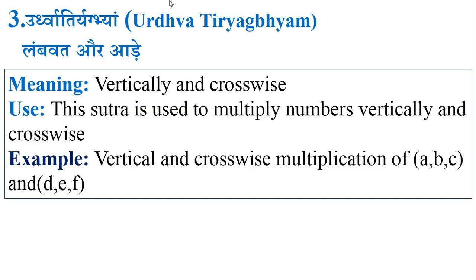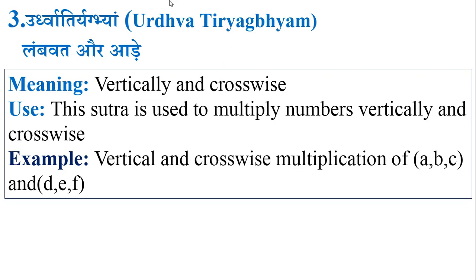And the first one in this is Urdhva Tiryagbhyaṃ, that is known as vertical or crosswise multiplication. Okay, here the situation is very simple, like you got column wise multiplication, so you have to do that multiplication column wise.